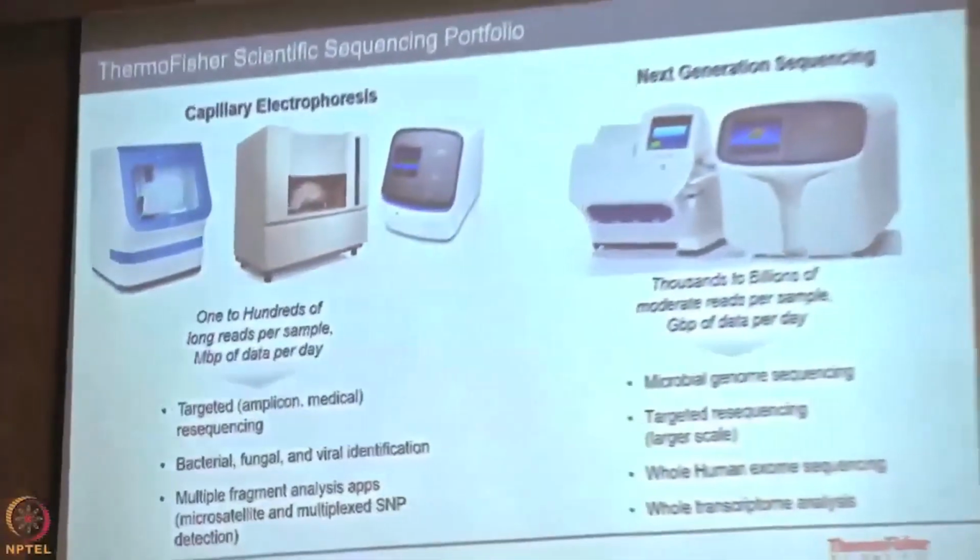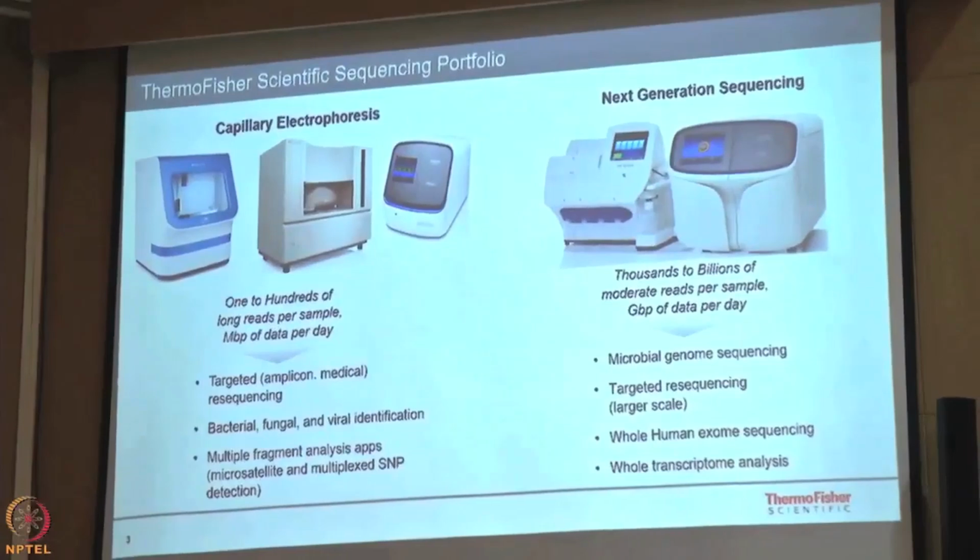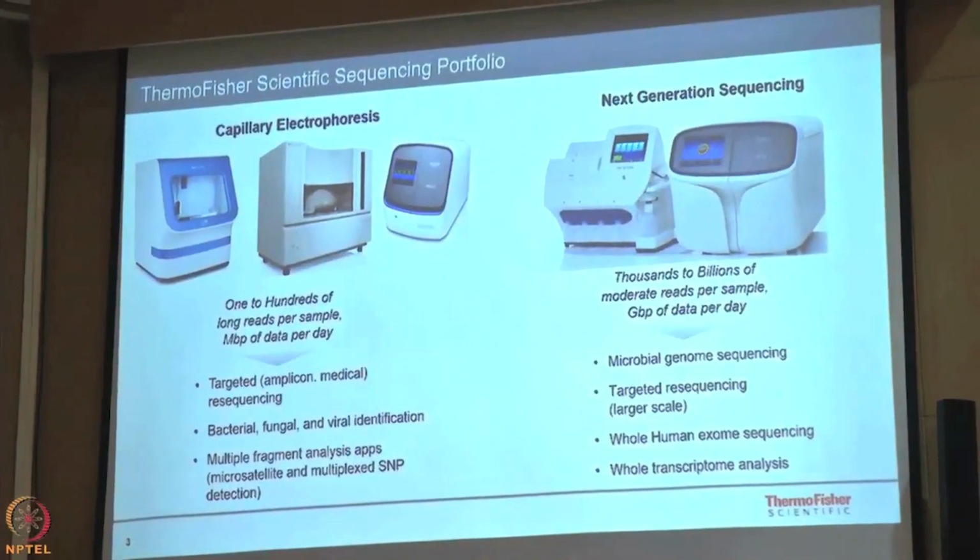Here also we have come up with various advancements wherein sequencers are now cartridge based. So, the user only has to put in a cartridge and he is good to go, and he just has his prepared samples. This is what we are here to talk about today, next generation sequencing, wherein you have thousands to billions of reads being produced per run, and the data which you are producing is in terms of MBs and GBs.